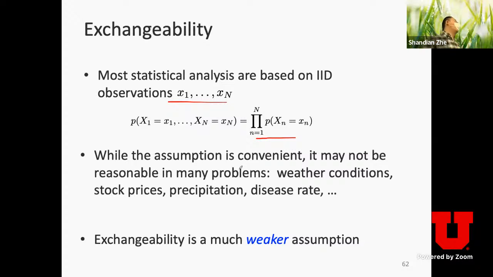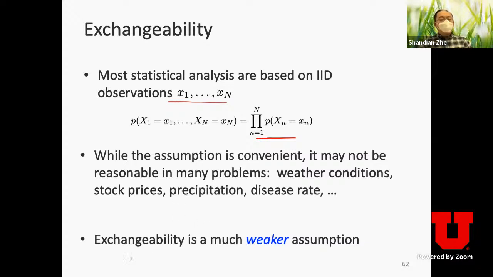You can't assume today's temperature is independent from tomorrow's temperature, and independent of the temperature the day after tomorrow. For stock price, you cannot assume yesterday's stock price has nothing to do with today's stock price. The random variables are often strongly correlated to each other.